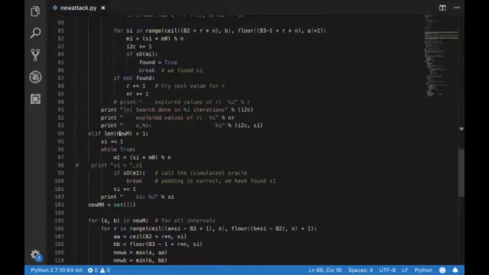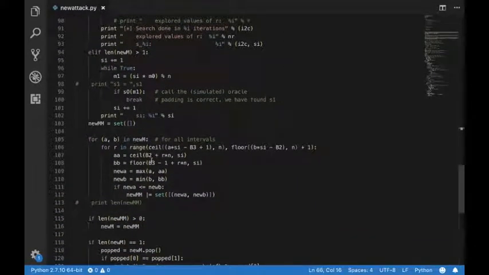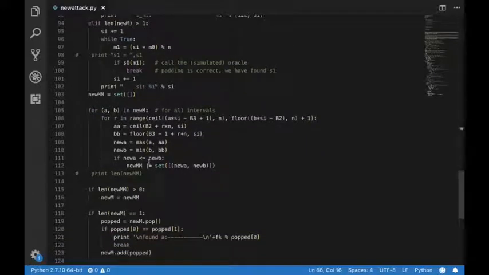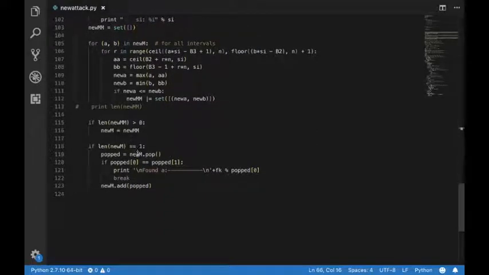Otherwise, if the number of intervals for M0 is greater than 1, we will again try to find Si's and reduce or shrink the number of intervals. This is the code for doing that. And finally, when we get a single interval with its lower bound equal to its upper bound, we can say that we have exactly found the value.